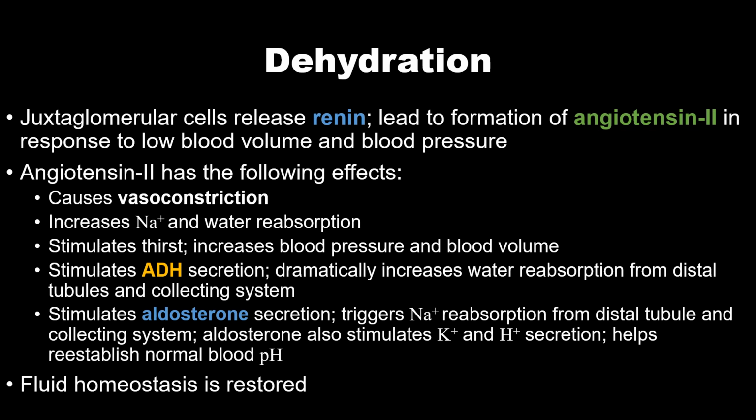Although the mechanisms cause sodium ion reabsorption, more water molecules are reabsorbed than sodium ions, so the concentration is still normal. Finally, the excretion of hydrogen ions is going to restore the normal pH of body fluids.